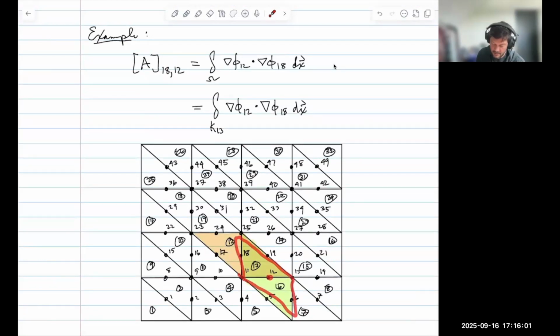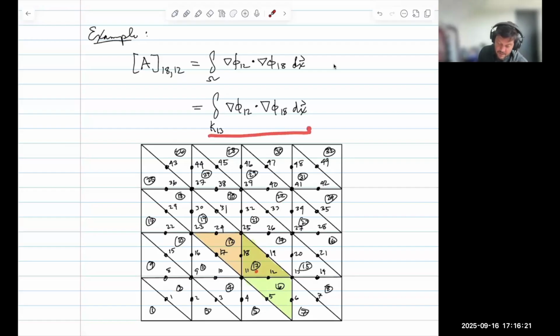It's 1 at that node and it's 0 at all the others. And 18 is a bubble function that's 1 at 18 and 0 at all others, so its support is here. So what's the intersection of the supports? The intersection of the supports is going to be triangle 13.